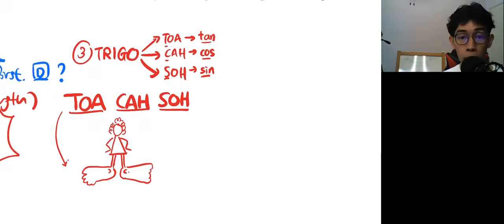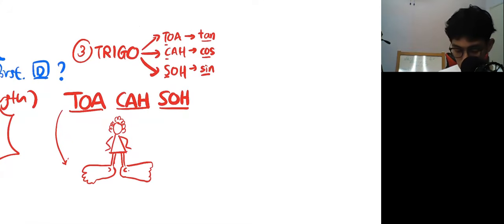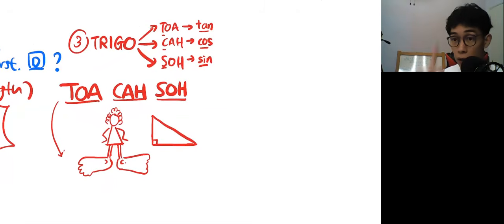Now what I do next is I will draw another separate right angle triangle right beside this. Over here, I'll place an angle, and I will place one extra symbol, and you tell me what this is.